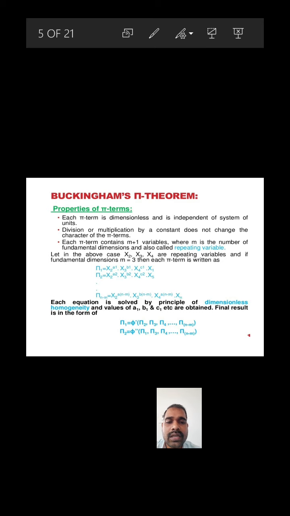Each equation is solved by the principles of dimensional homogeneity, and the values of a1, b1, c1 etc. are obtained. The final result is up to x n minus m.